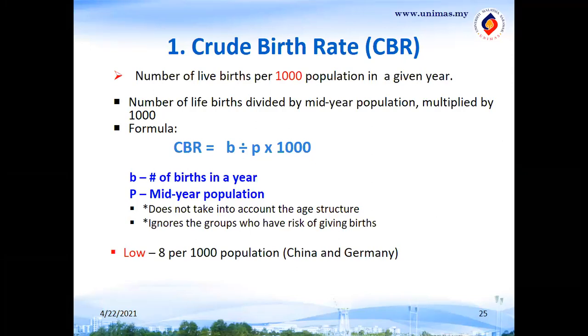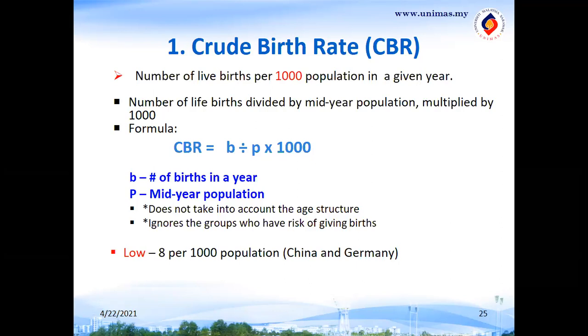So just taking into consideration the total population of the country and the number of births. That is all that is taken into account, multiplied by 1,000 because it is the number of births per 1,000 population.